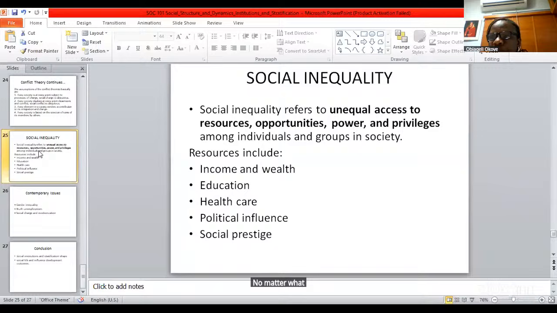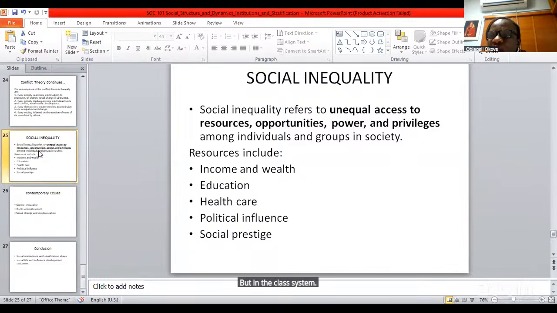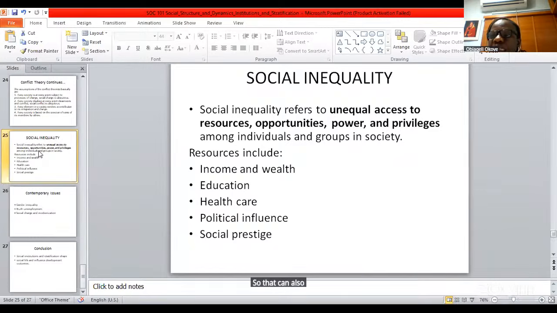It's fixed. And if he's an untouchable, an outcast, he cannot move, and he cannot marry somebody from the upper caste. But in the class system, marriage is allowed between an individual in the upper class and an individual from the lower class.